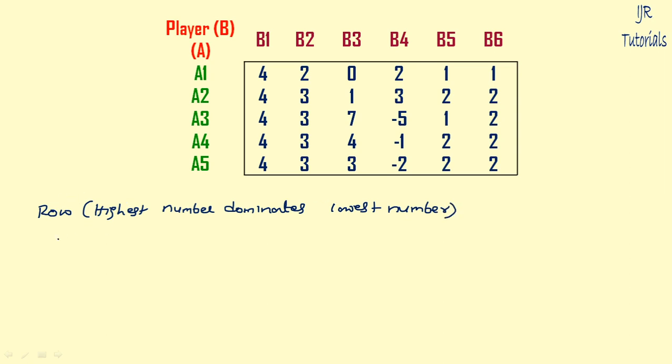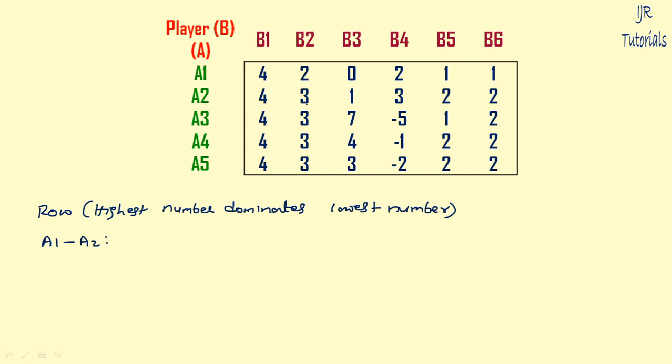First we need to compare A1 with A2. Under A1 and A2, what is the value? A1 is 4 and A2 is 4. Both are equal, so we can say that A1 is dominating A2 and A2 is also dominating A1. So this is the first case. Next we compare the other numbers: A1 is 2 and A2 is 3.